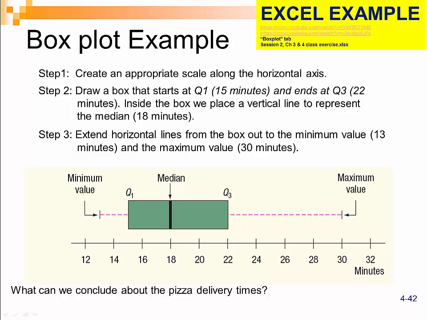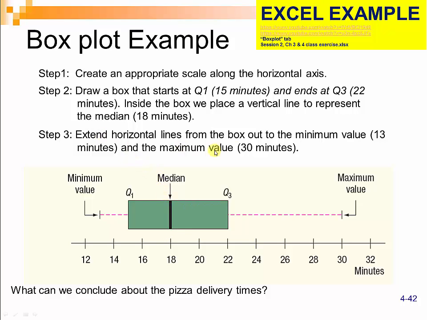The steps to create a box plot are: Step 1, create an appropriate scale along the horizontal axis. Step 2, draw a box that starts at Q1, or the first quartile, and ends at Q3. So the range of the box is from first quartile to the third quartile, and inside the box we place a vertical line to represent the median, or the Q2, or the 50th percentile, depending on how you want to look at it.